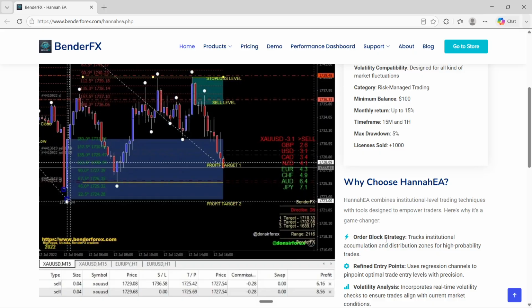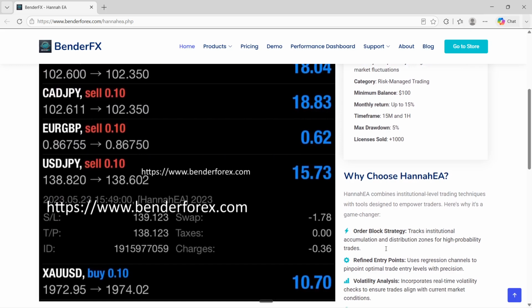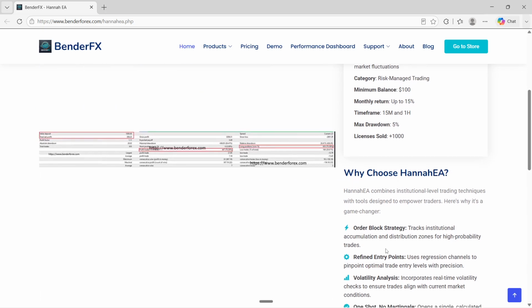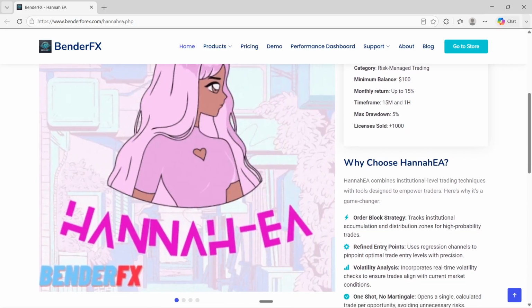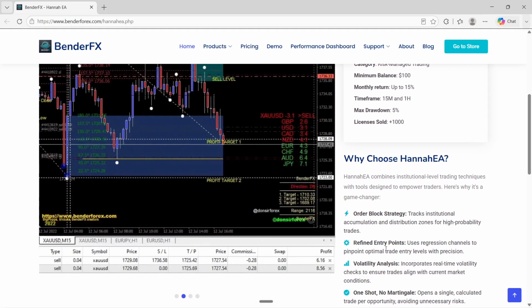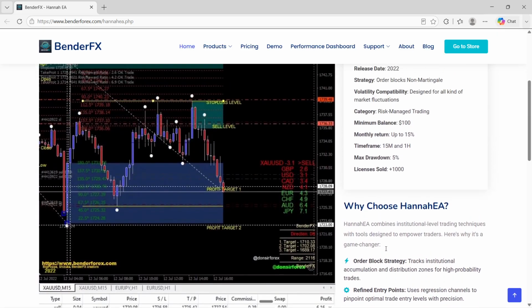The key design choice is that it opens only one calculated trade per opportunity. There's no martingale, no grid, and no position stacking. Every trade is protected by a stop loss and take profits. The system is optimized for the 15 minutes and 1 hour time frames and is set to work across various market conditions.